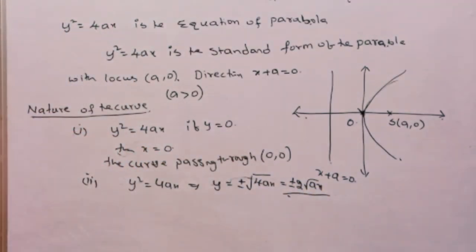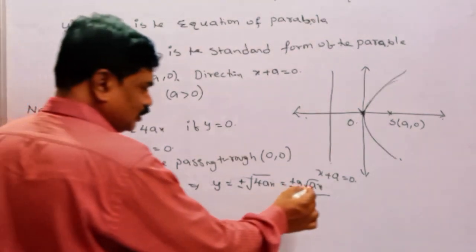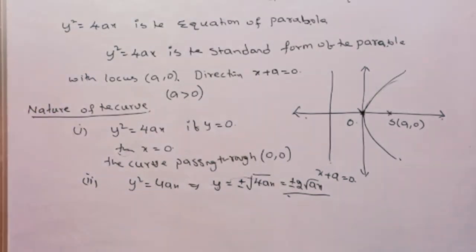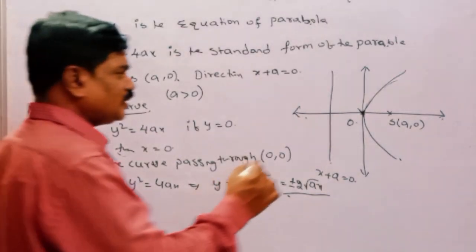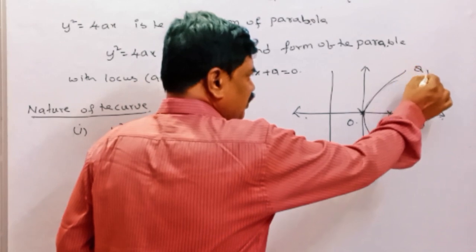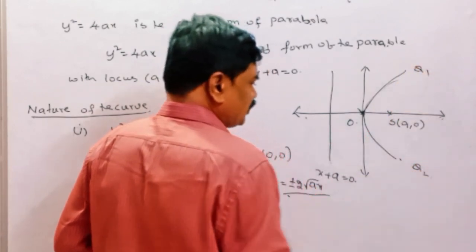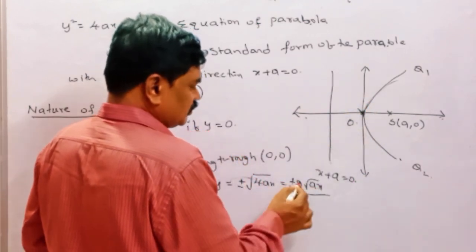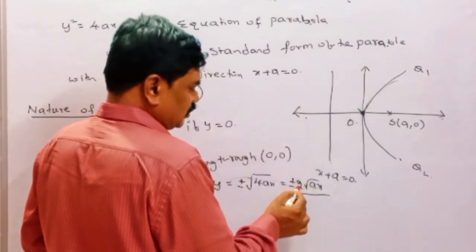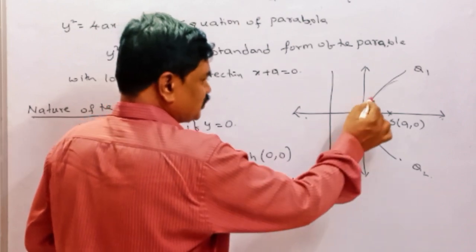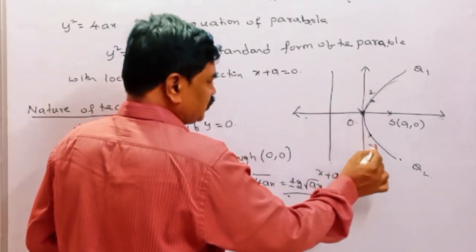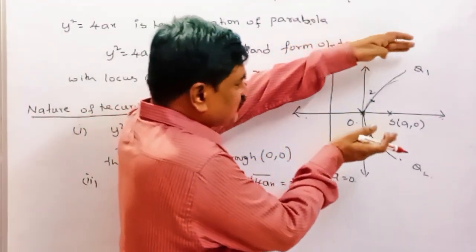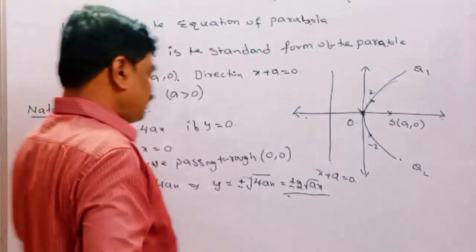So here x is a positive value and y takes positive and negative values. Suppose a is equal to 1 and x is 1, then y is positive 2 and negative 2. That means it is in the first quadrant and the fourth quadrant.